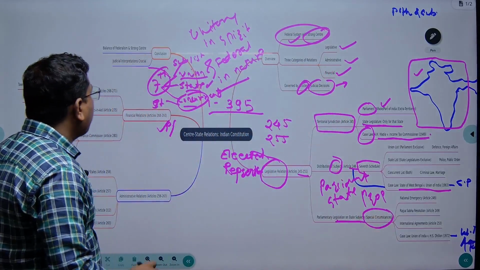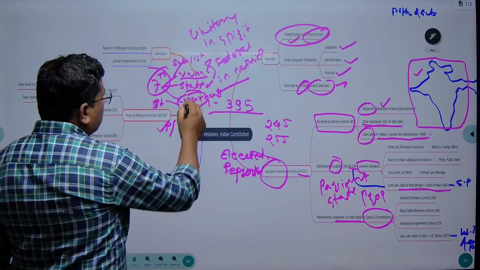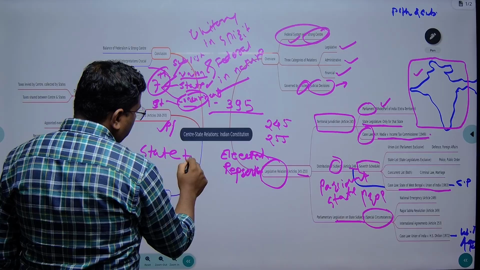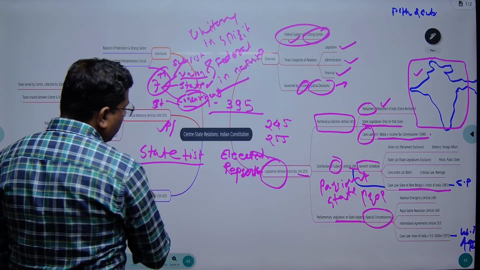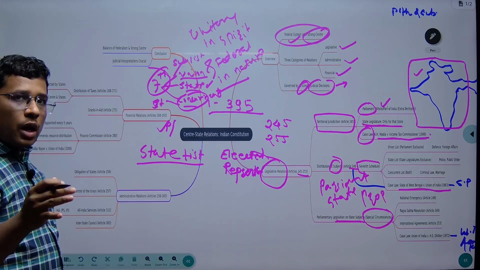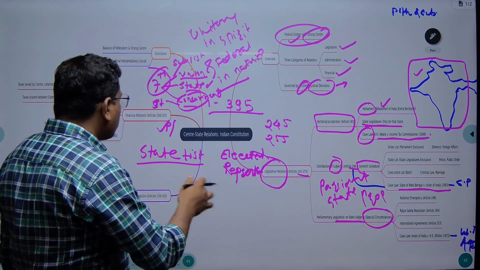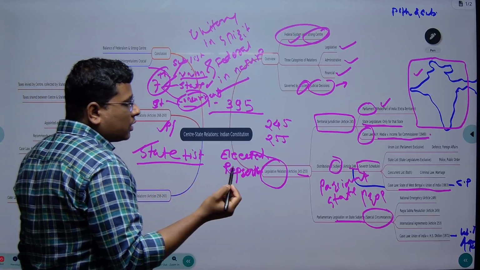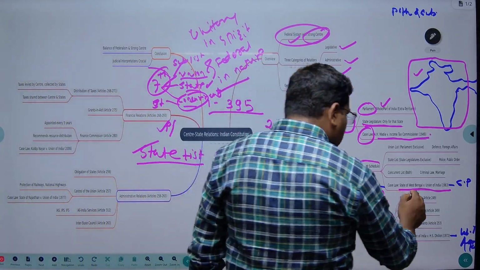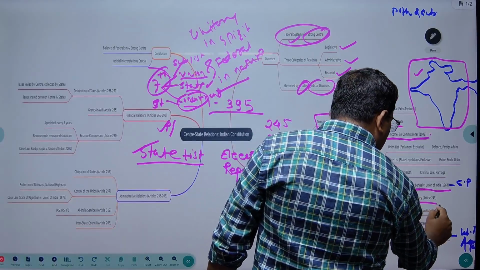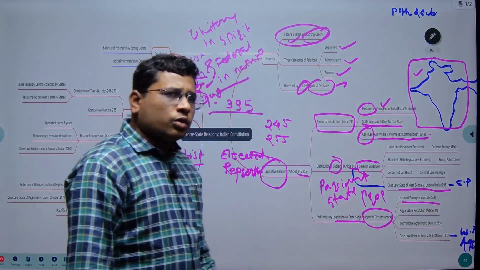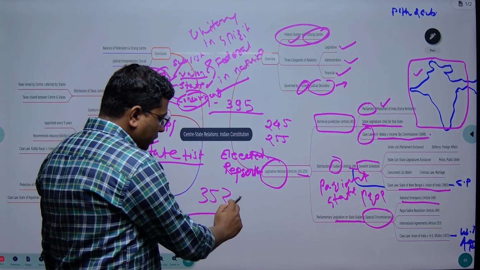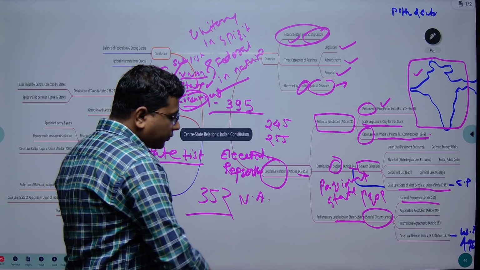It means we say that states have absolute right in the state list, right? But in certain conditions parliament has the right to make laws on the state list. So what are those conditions? First of all, in national emergency. We know Article 352 is national emergency, right?